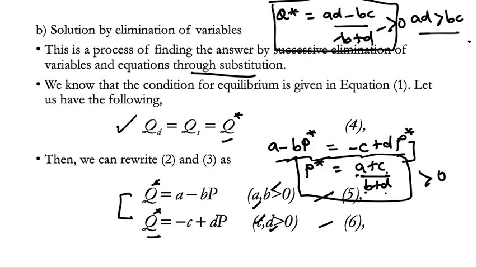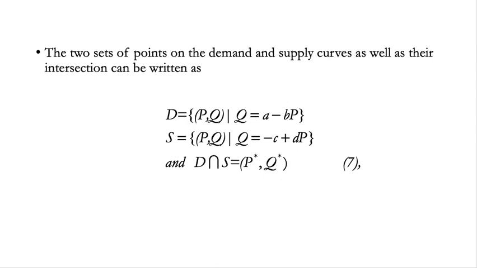All right. Now, after solving all of these algebraic functions, which is very easy actually, we can say that the two sets of points on the demand and supply curves as well as their intersection can be rewritten mathematically like the one in expression 7 here. Look at expression 7. Demand is actually a set of price and quantity evaluated at this function. And what is this function?